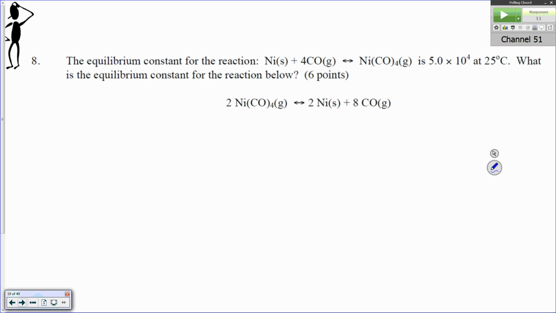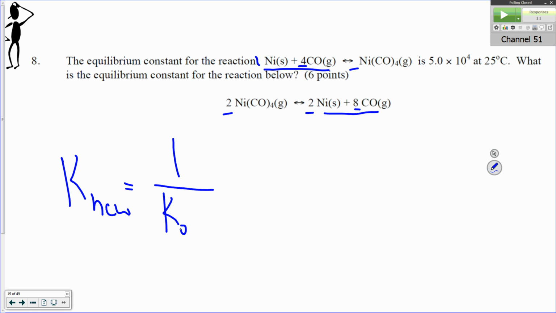Okay, so if I look at this guy and just make an examination of it, I see that the things that are the reactants are the products on this one, and I see that there's a stoichiometry difference because here it's 1, 4, and 1, and here it's 2, 2, and 8. So my K new in this case is going to be 1 over the K original squared.